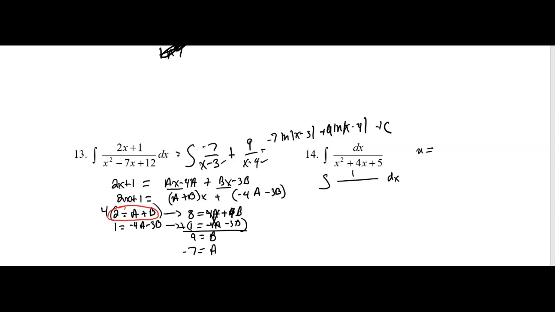If you try u substitution, it doesn't work. There's really no option for u substitution. So we can eliminate that option. Typically then, if it's a fraction, just like number 13 was, it would factor and it becomes a partial fractions problem. Try as hard as you'd like. There's no way to factor x squared plus 4x plus 5. It looks really close because of the 5 and the 4.